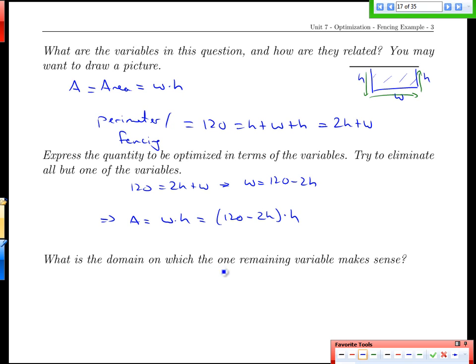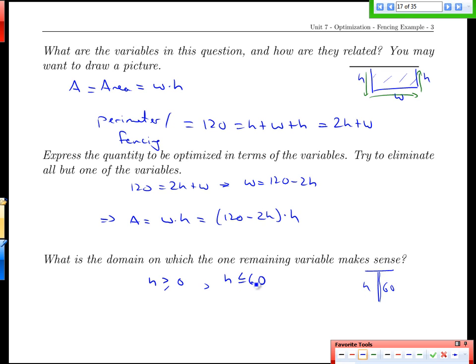Now, what's the natural domain? Well, you can get a little fussy. H greater than, let's say greater than or equal to 0. We could make a 0 length fence if we wanted. And from the scenario, the tallest we can make this fence would be 60 meters on one side and then 0 width and then going back.